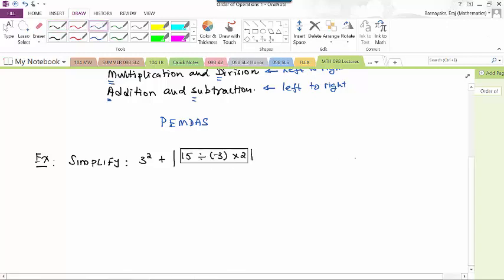If I refer back to my order of operations, it is parentheses, exponents, multiply, divide, add or subtract.